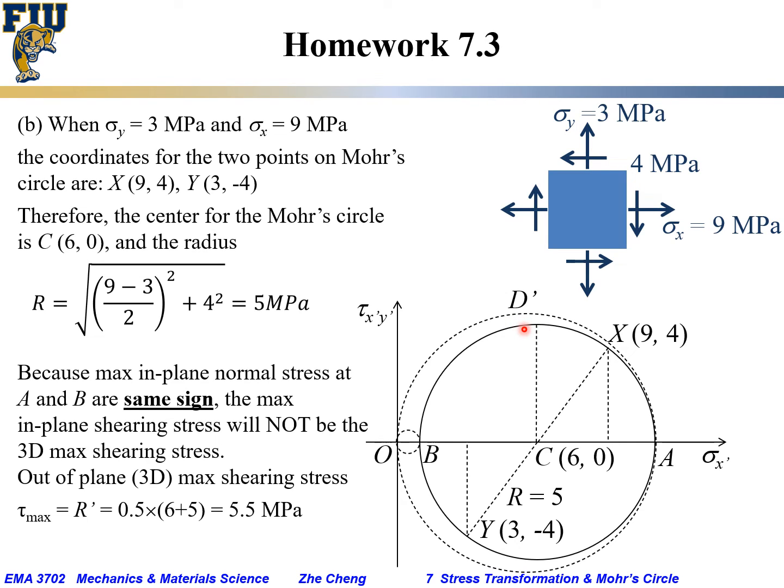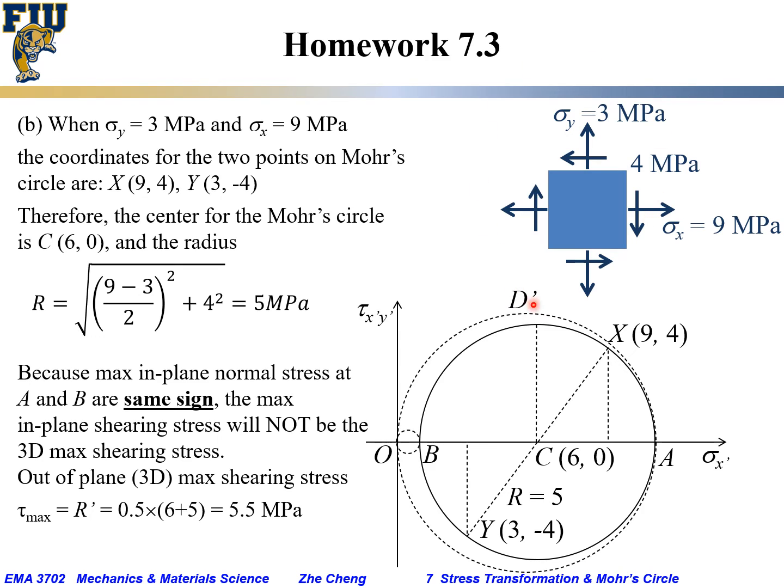The maximum 3D shearing stress would be the radius for this outer circle, and that radius would just be half of AO, which is C plus radius, which is 6 plus 5, which would be 11, and half of it would be 5.5 megapascal. This way, we would be able to determine the maximum 3D shearing stress.